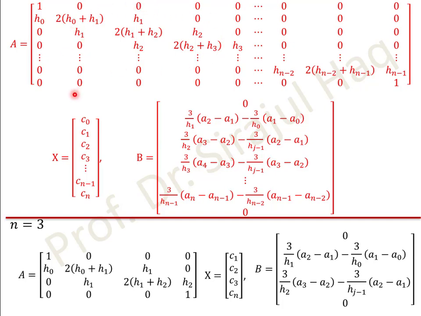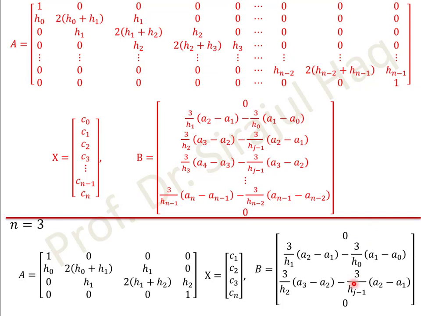Now see that for natural spline, this is coming from S0 double derivative at x0 equal to 0, and Sn minus 1 double derivative. But remember, this is related to CIs, so C0 was equal to 0 coming from there, and Cn was equal to 0, it's coming from there. That's the reason you can see 0 on the top and at the bottom.